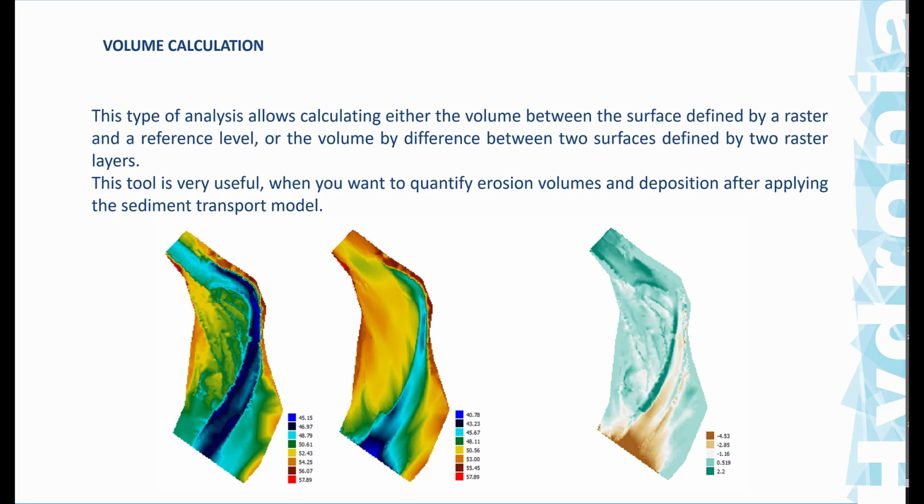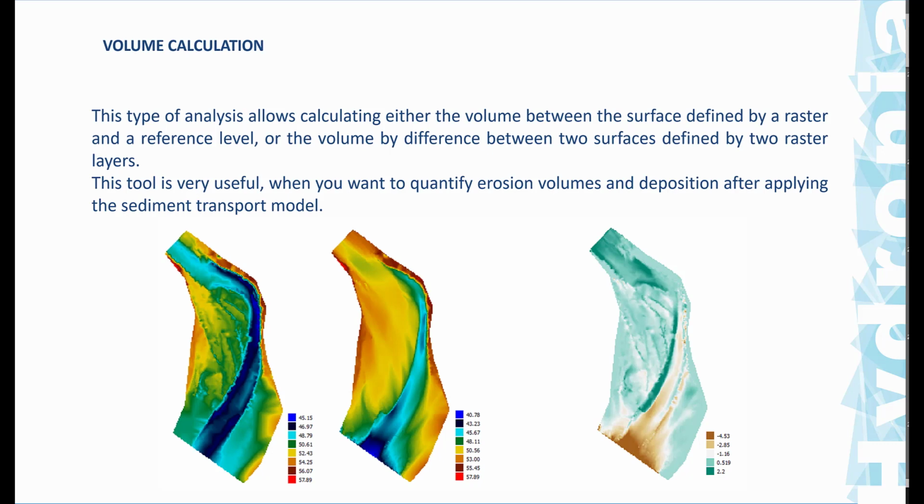For instance, assume you are using the Hydrobid model as a sediment transport model. So you're analyzing a river and you want to know the erosion and deposition volumes that occur in the river. So you want to know if the river is degrading or aggrading.